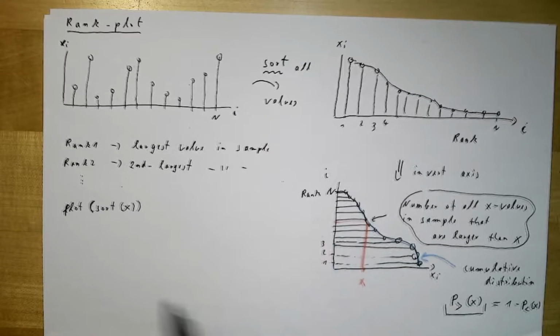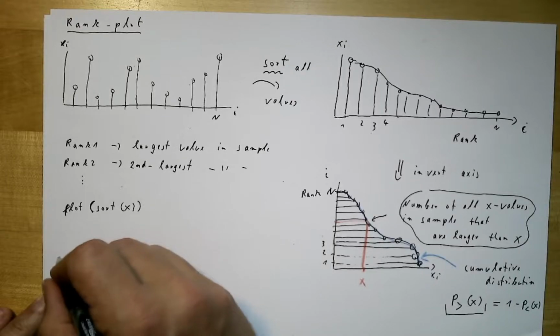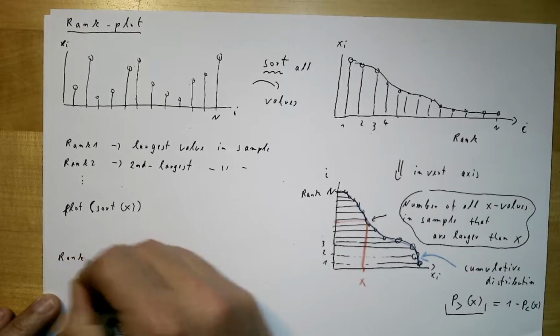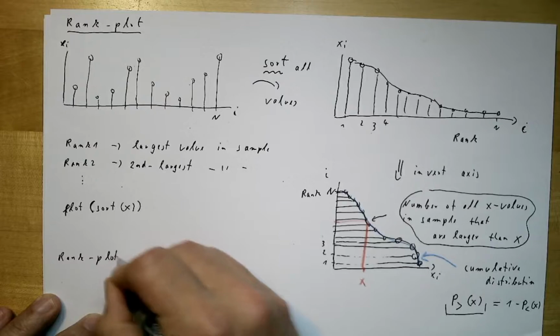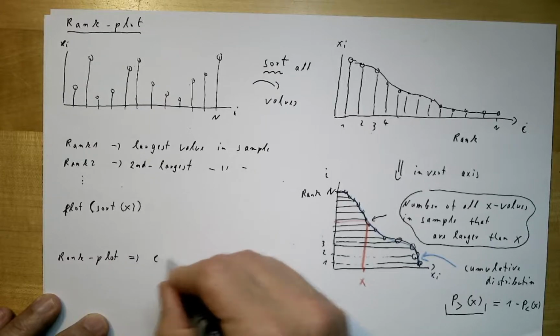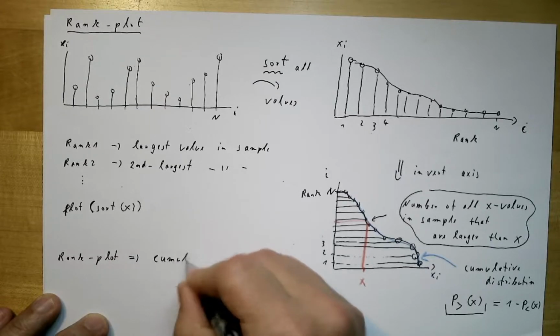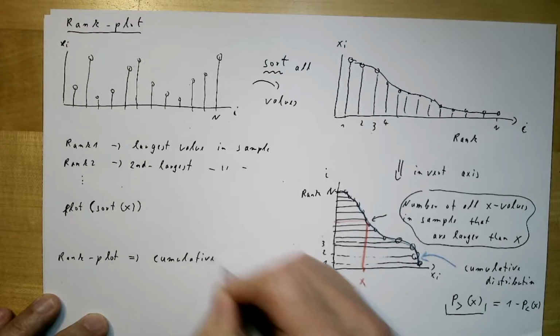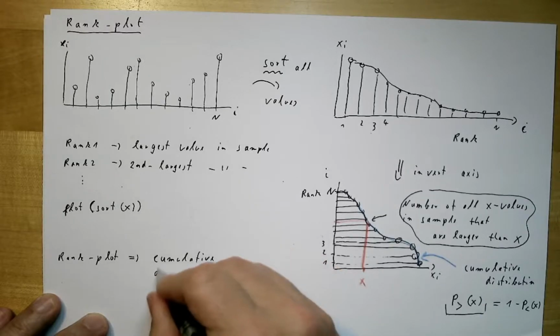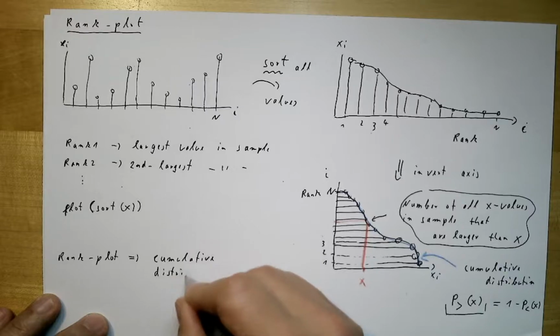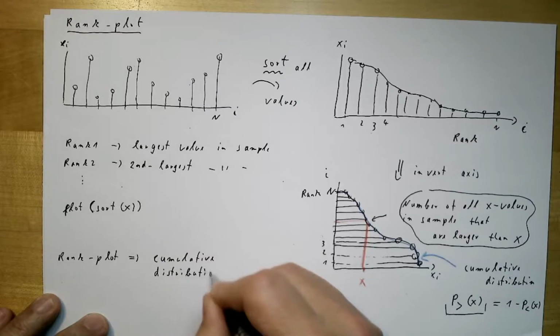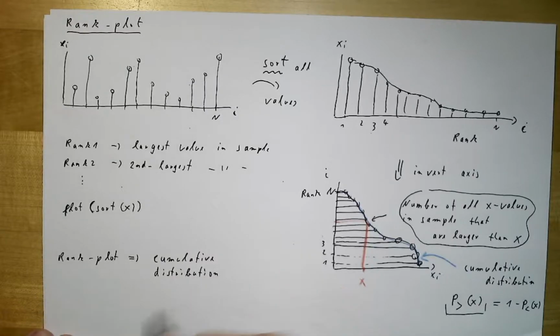And the cool thing, the rank plot gives us the cumulative distribution. And in comparison to the histogram, no parameters are needed.